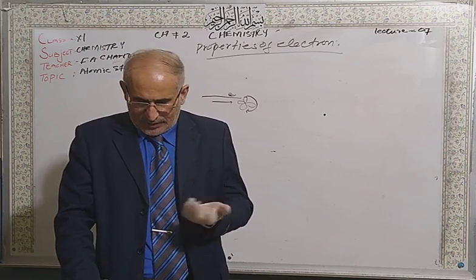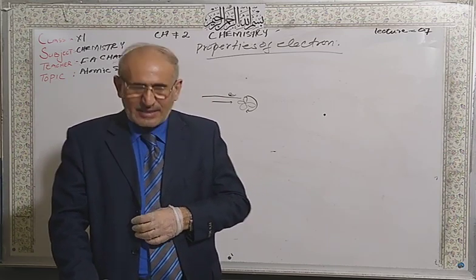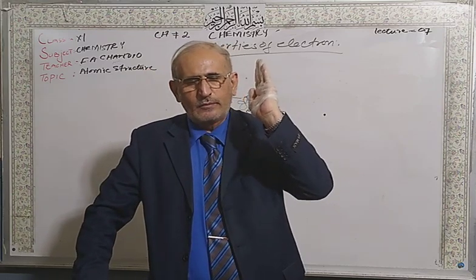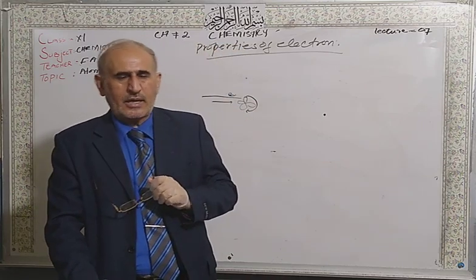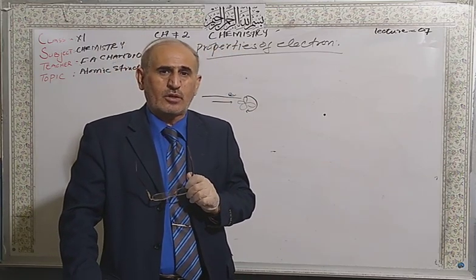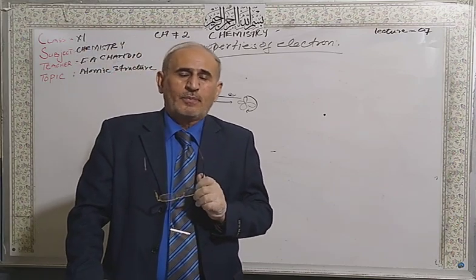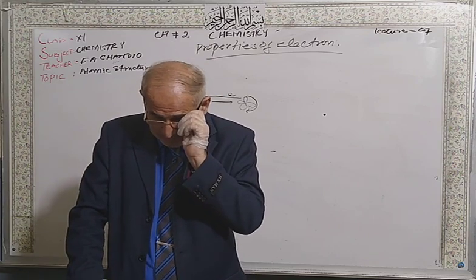That's why the material becomes hot, and they can ionize. They are ionizers of gases. When we pass these electrons, or cathode rays, through gases, the gas is ionized. We will use this for the discovery of the proton, which I will explain in detail.